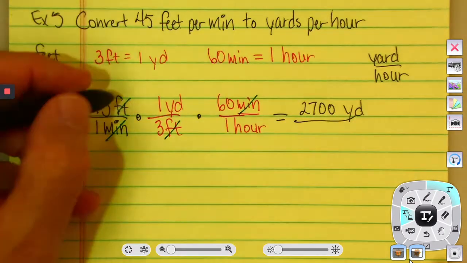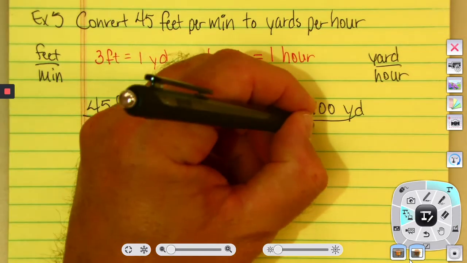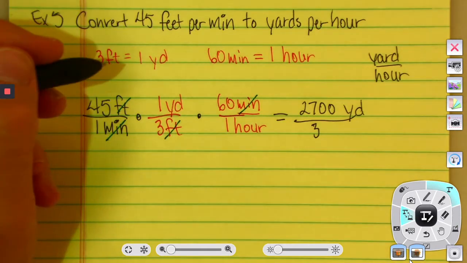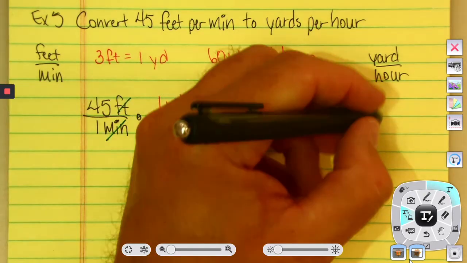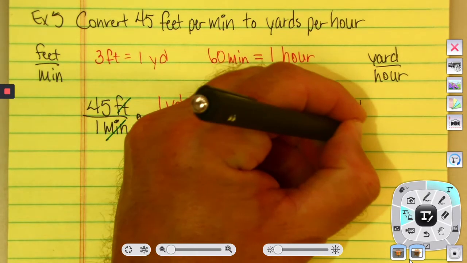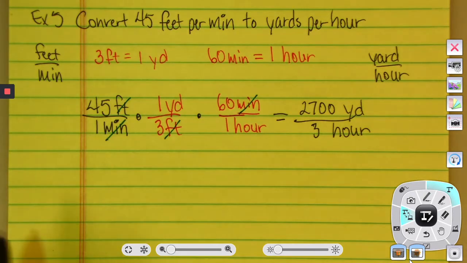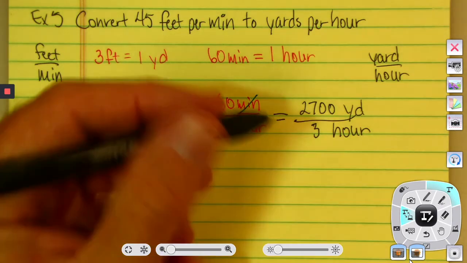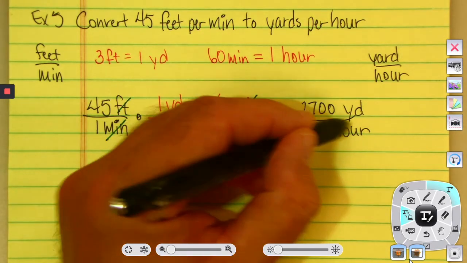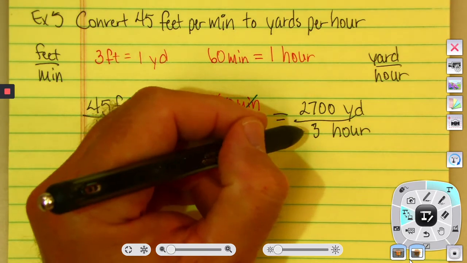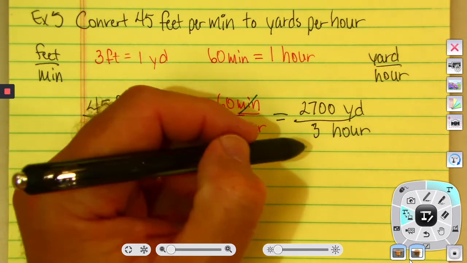Over 1 times 3 times 1, I can do that in my head. So that's 3. Minutes, feet canceled. I'm left with hour. So the last thing I need to do is simplify that to a unit rate, because that's 2,700 yards per 3 hours. Well, that's not simplified. I just need to divide 2,700 by 3. The fraction bar means division, as well as the per in yards per hour.